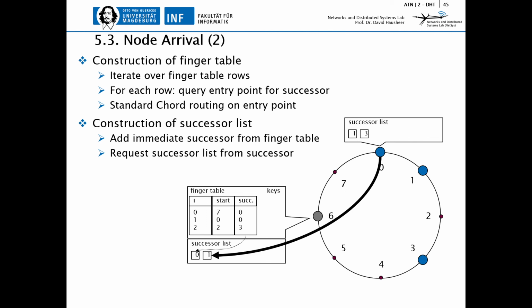The successors of node 0 are node 1 and node 3, and so we take from that successor list just the first successor, that is node 1, together with node 6's own successor, which is node 0, and that then becomes the successor list of node 6.